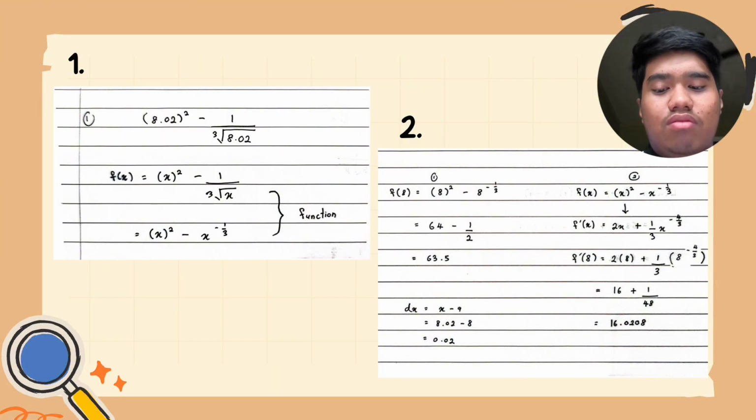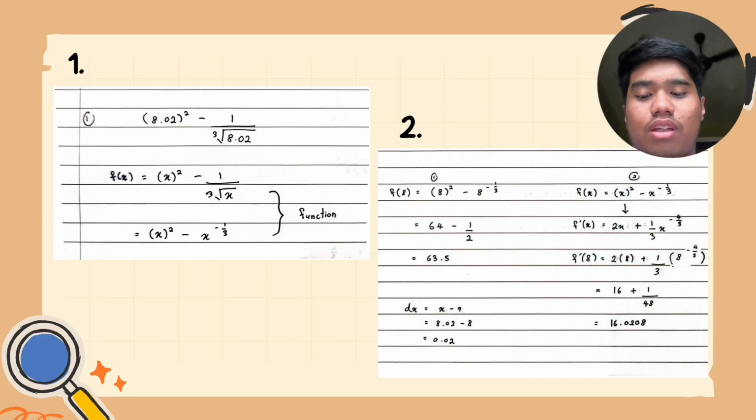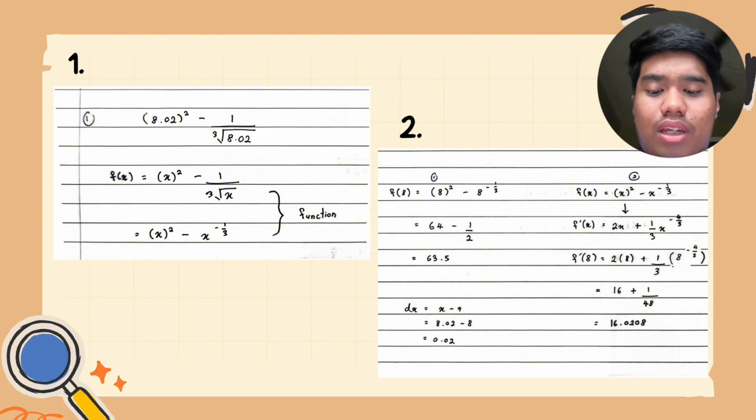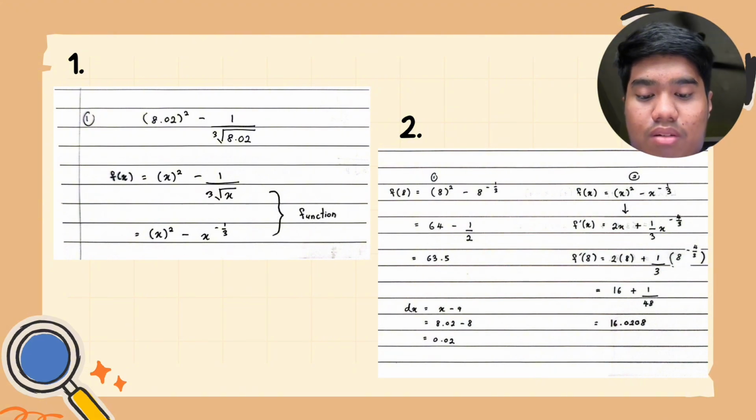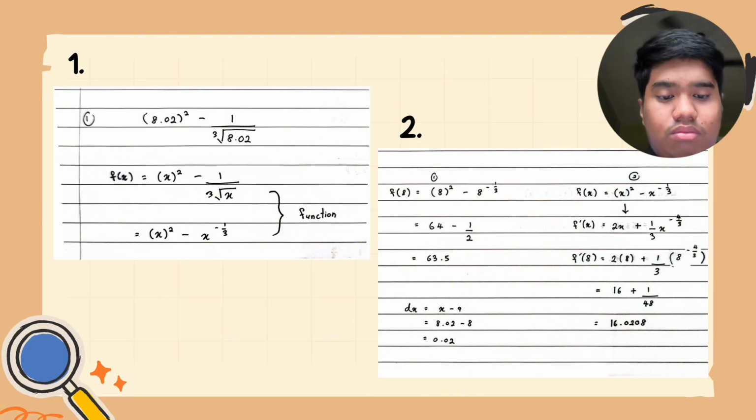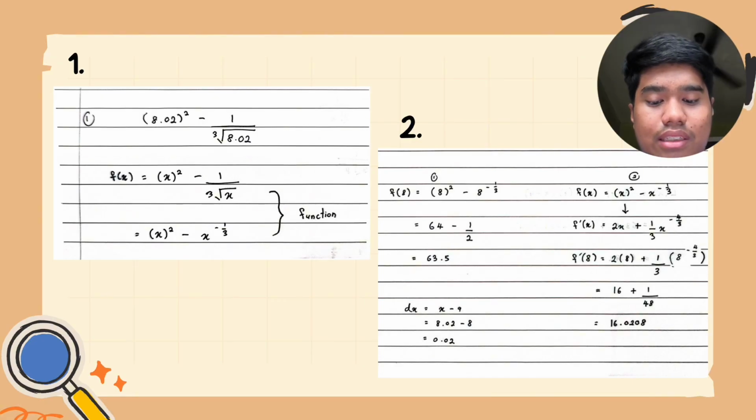Therefore, our function would be f(x) equal to x power of 2 minus 1 over 3 square root x. Or we can write it as x power of 2 minus x power of negative 1 over 3. Before we continue, we must take a quick look at our formula, which is L(x) equal to f(a) plus f prime (a) dx.